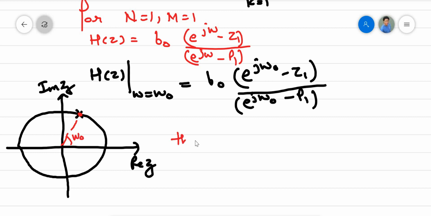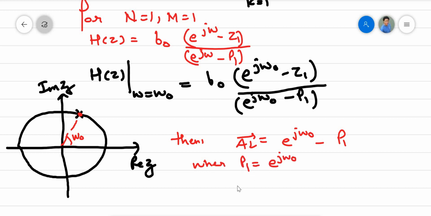Then AL vector is equal to exponential j omega naught minus P1, where P1 is also equal to exponential j omega naught, leading to AL vector equals 0.